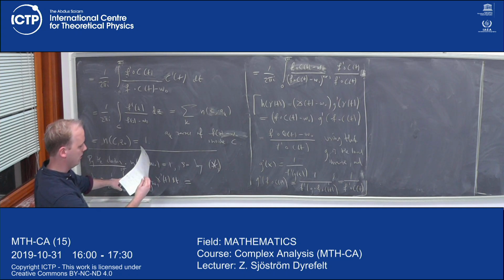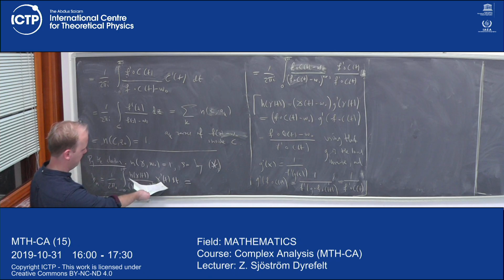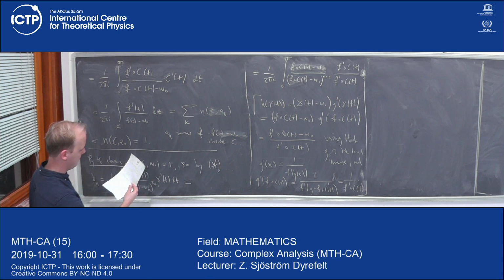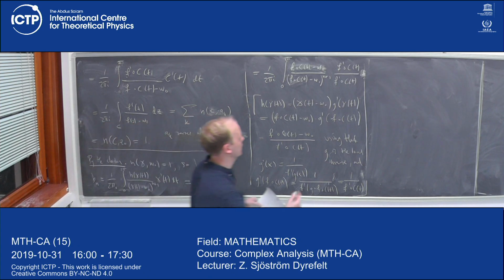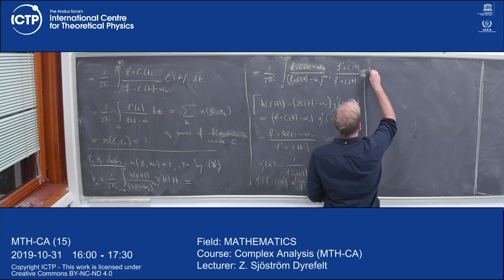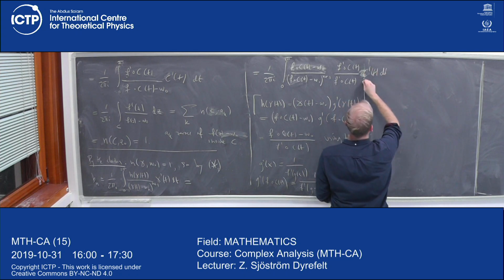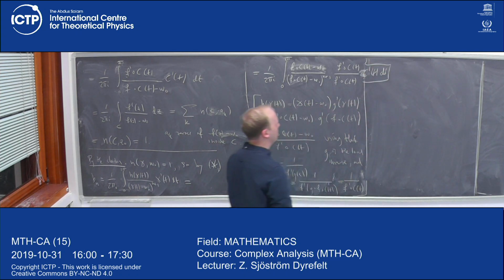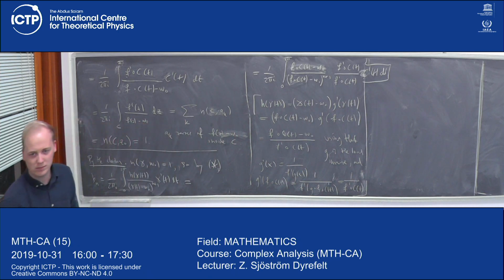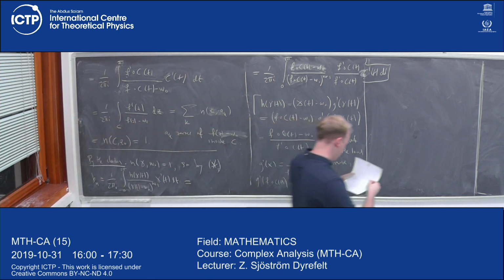I think we forgot the c prime of t. G prime of x, but we differentiate with respect to t. And that one we forgot somehow. Yeah, I think we forgot the c prime of t. Okay, is it better? Okay, thank you.